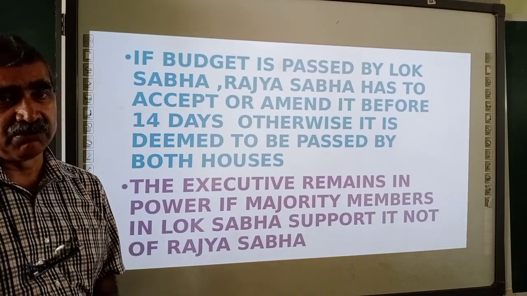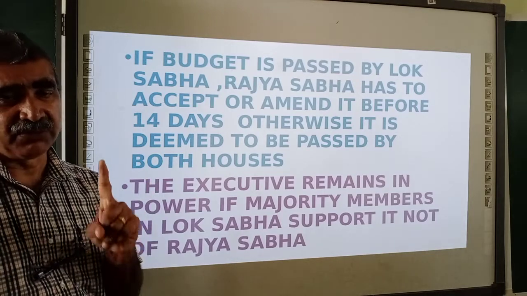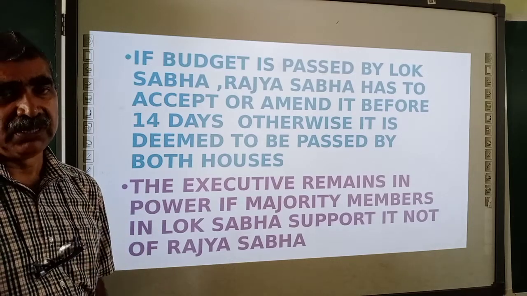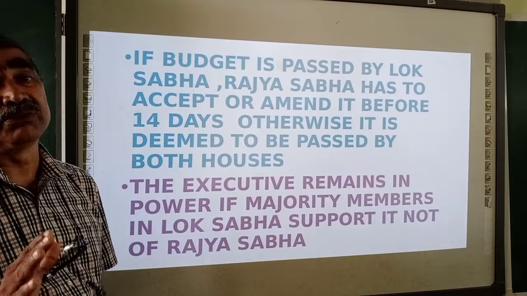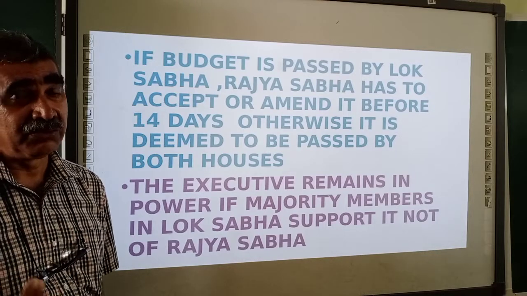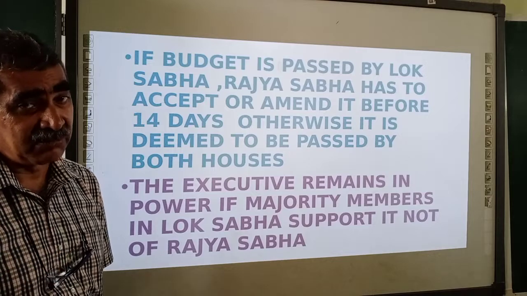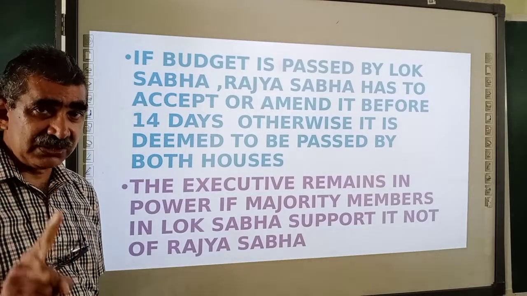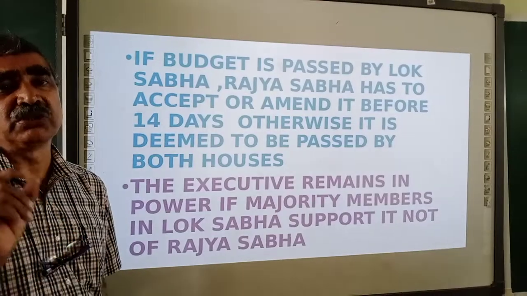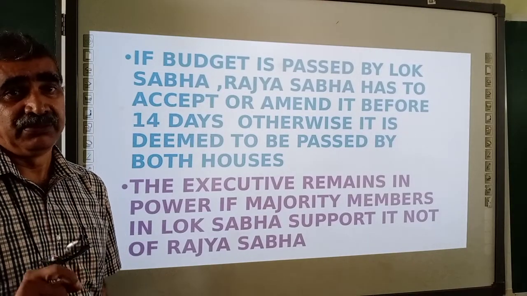Money activities in the government of India run from 1st April to 31st March. That is the financial year of the country. Calendar year is 1st January to 31st December. Like that, 1st April to 31st March is known as a financial year.